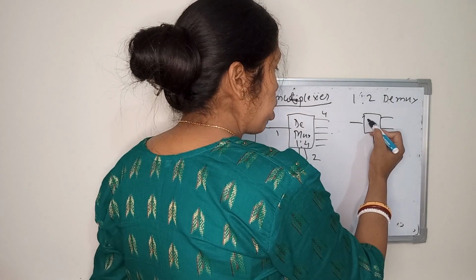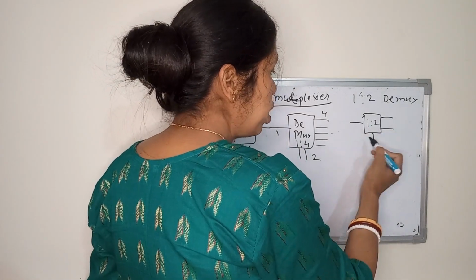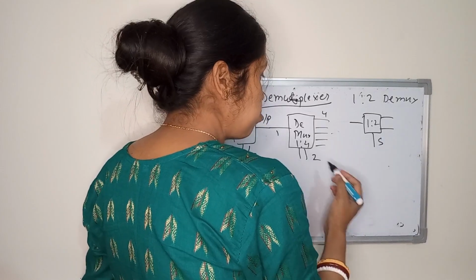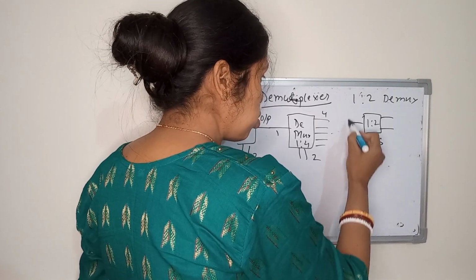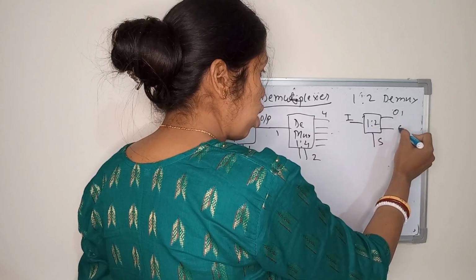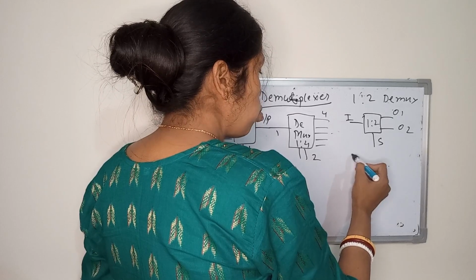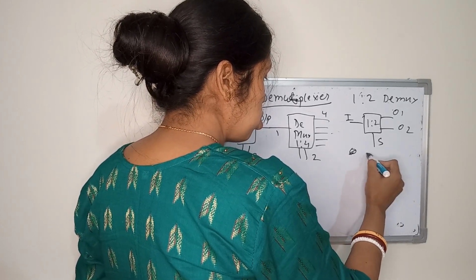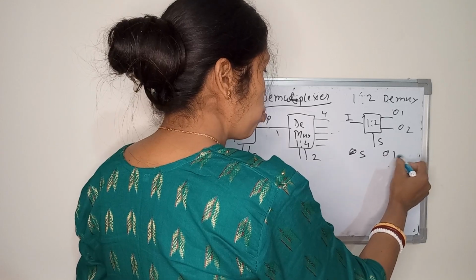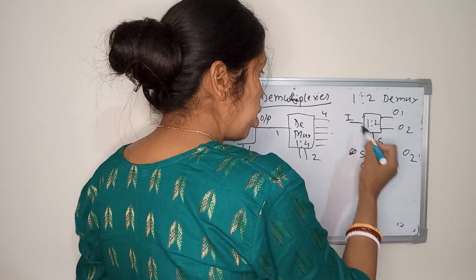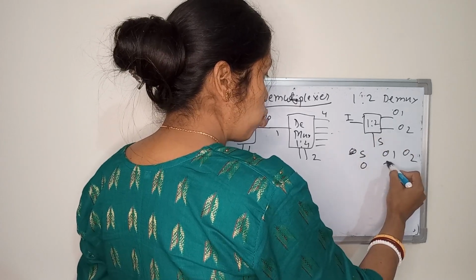In case of the 1 is to 2 DEMUX, these are the two output channels, and we have the select line. You give the input I, and here it is output 1 and output 2. With select line, output 1, output 2: when the select line is 0, I get I at output 1.